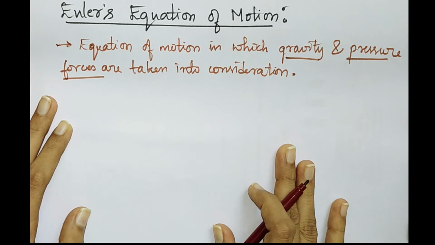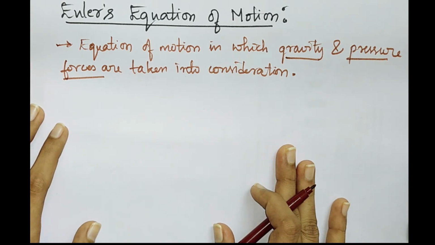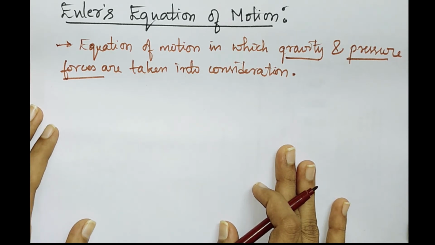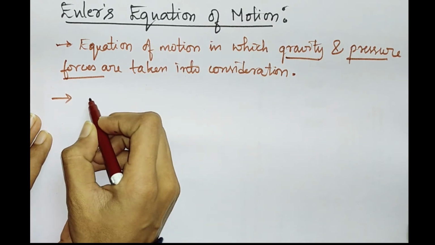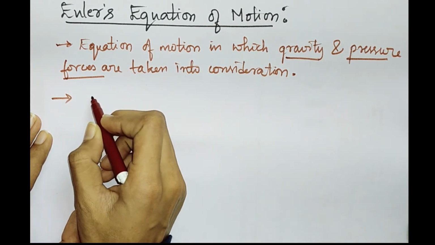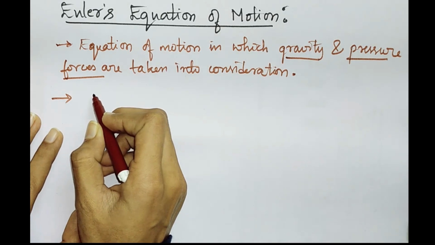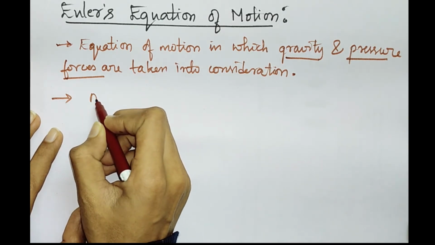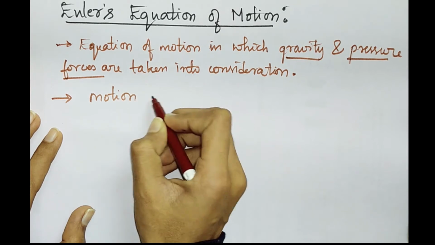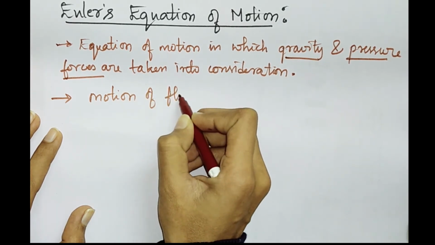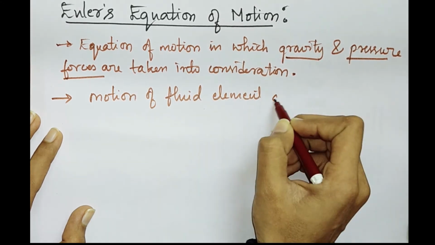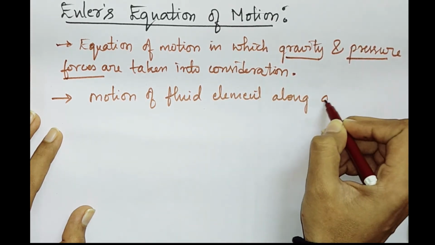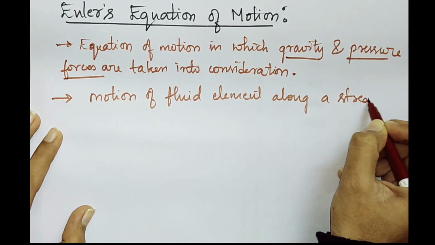This equation of motion is derived by considering the motion of a fluid element along a streamline. To obtain Euler's equation, we are going to consider the motion of the fluid element along the streamline.